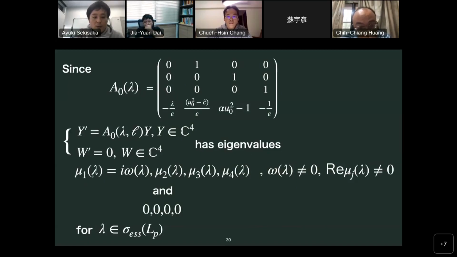One is mu1 of lambda, which is i omega lambda, and mu2, mu3 and mu4, where the real parts of these eigenvalues are not equal to 0. And there are four zeros because of the trivial system. So the extended system has a four-dimensional trivial system.